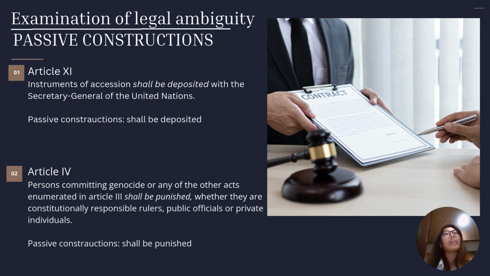And the second example comes from Article 4. The passive construction here is more or less the same as the example above. The form like "shall plus be done" emphasizes the result or the punishment rather than who carries out this action of punishing. But if it's transformed into the active voice, the law does not clearly express that the court or the authority identifies the person responsible for carrying out the punishment.